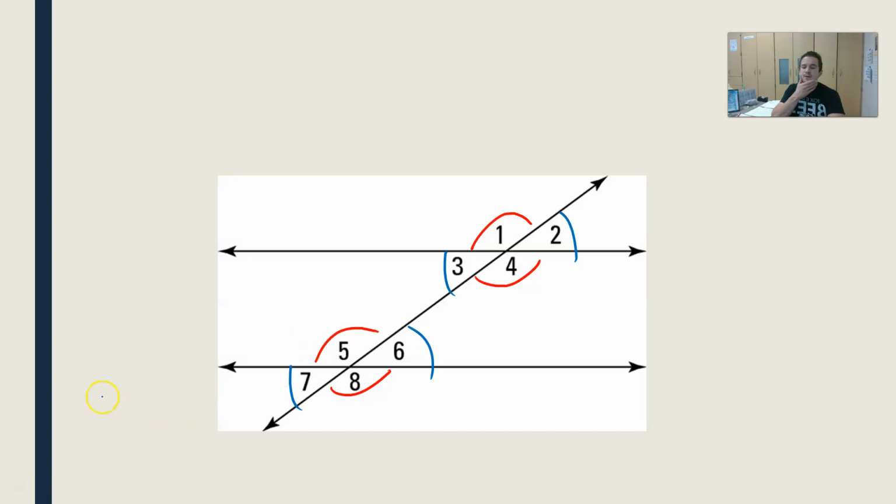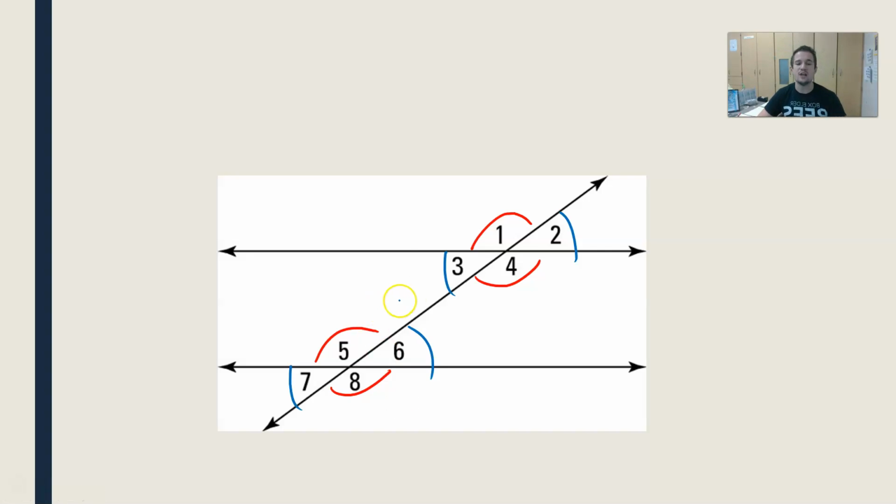But something that happens because of all those relationships: you notice here that I've color-coded these. All of these red angles, 1, 4, 5, and 8, are going to be congruent to each other. All of these blue angles are going to be congruent to each other. And when I put a red and a blue angle together, those are going to be supplementary angles, meaning that they're going to add up to 180 degrees.